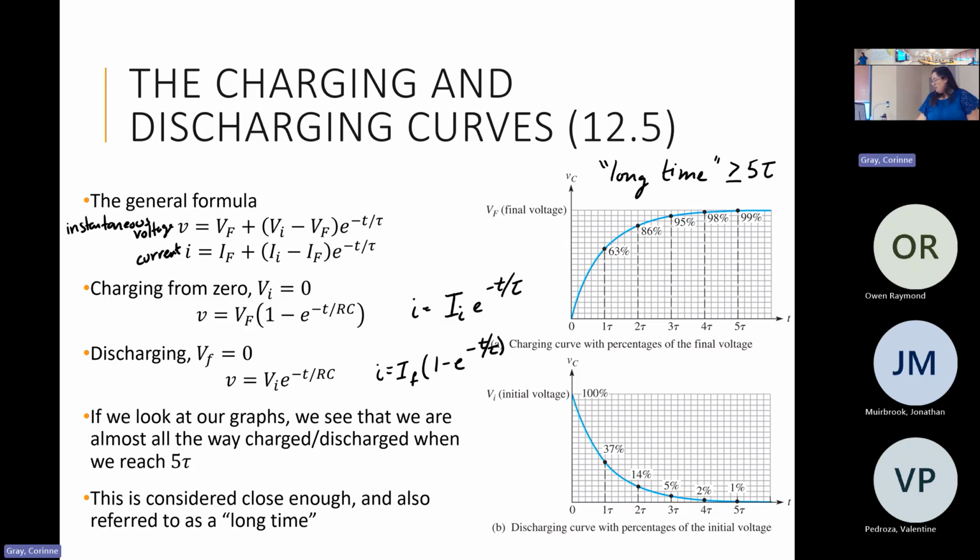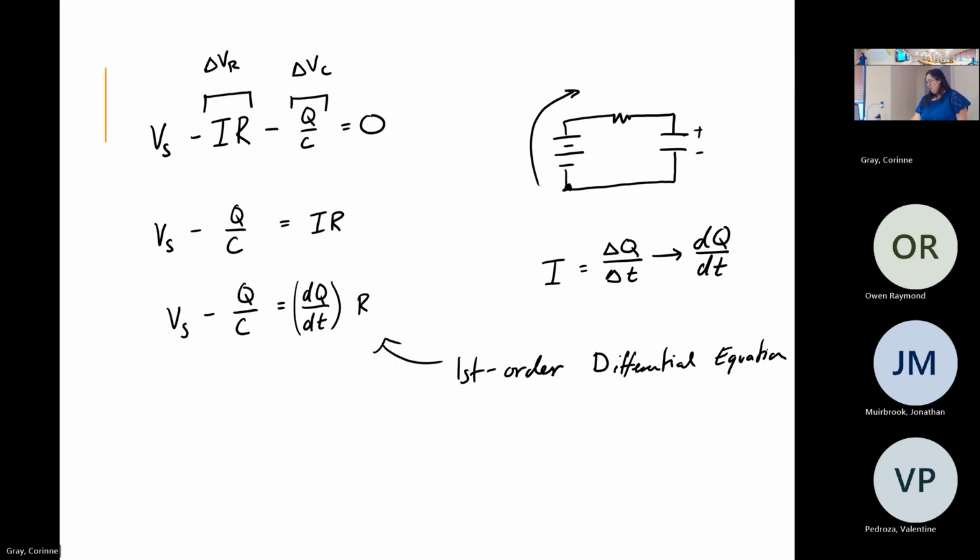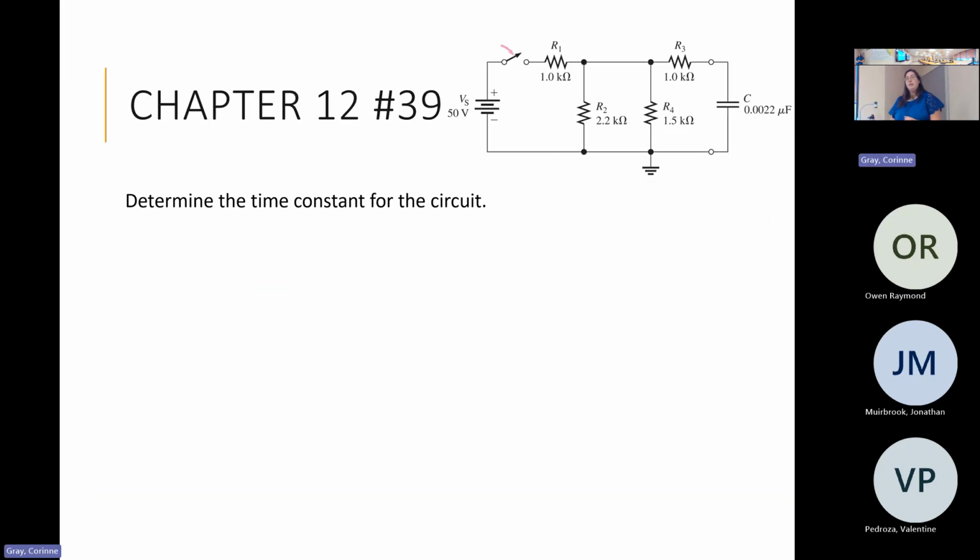All right, so we're going to do 39 here. We're just going to determine the time constant. So what do we need to do before we get those values? Again, we're looking for tau is equal to RC. What do we need to do first?